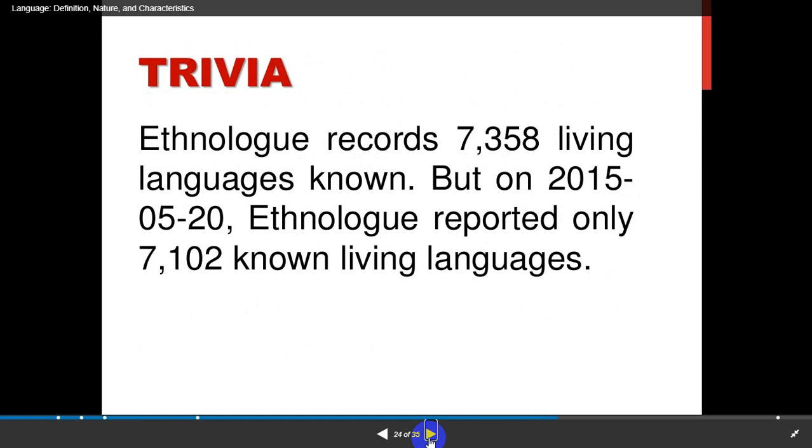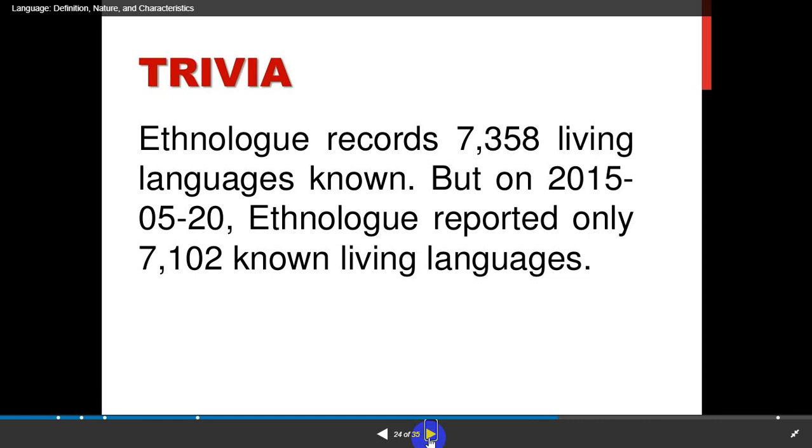Okay, trivia. Ethnologue recorded 7,358 living languages known, but on May 20th, 2015, Ethnologue reported only 7,102 known living languages.